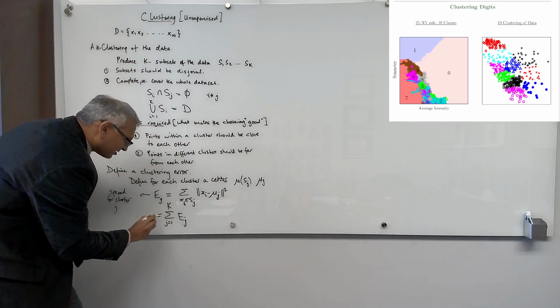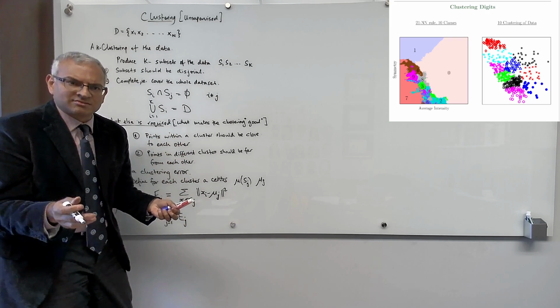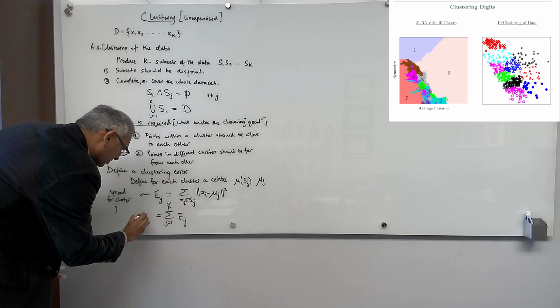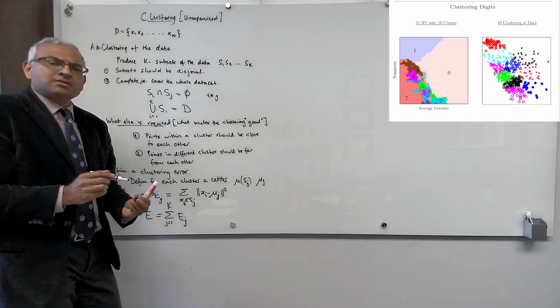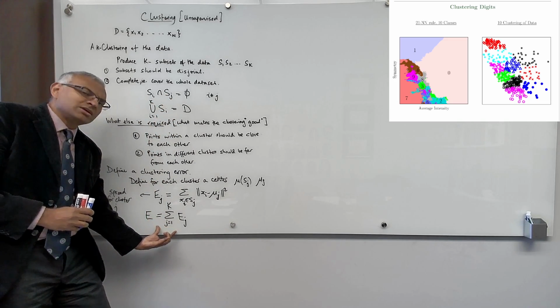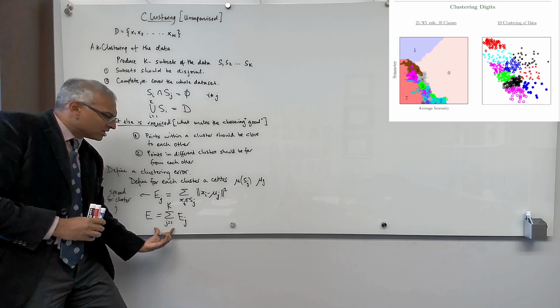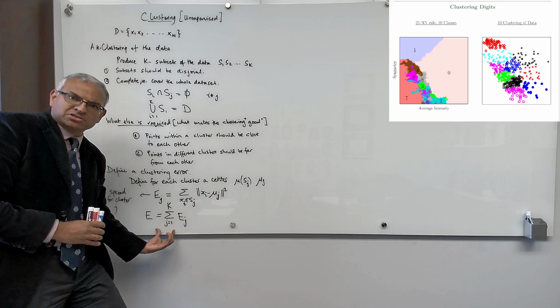And we can define this as an error measure. It measures how bad the clustering is. Okay, and we will say that a clustering is good, or optimal, if this error measure is as small as possible.